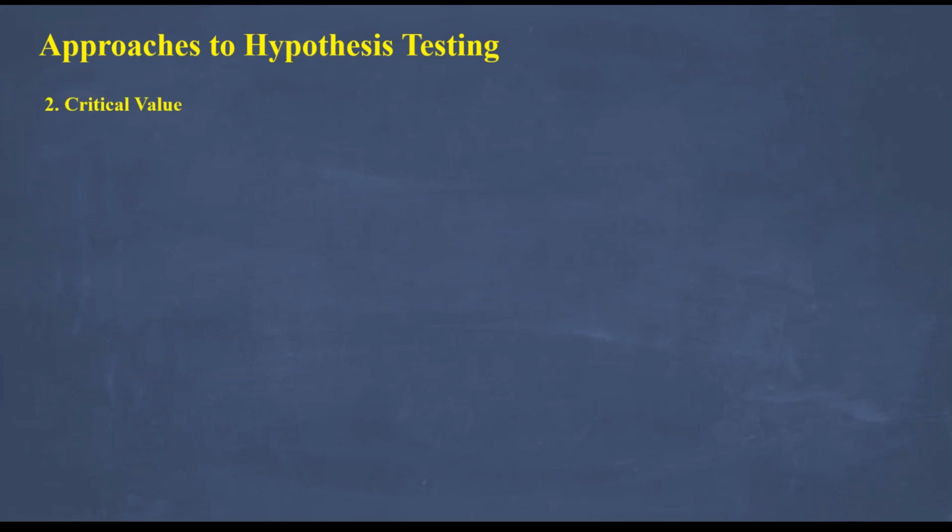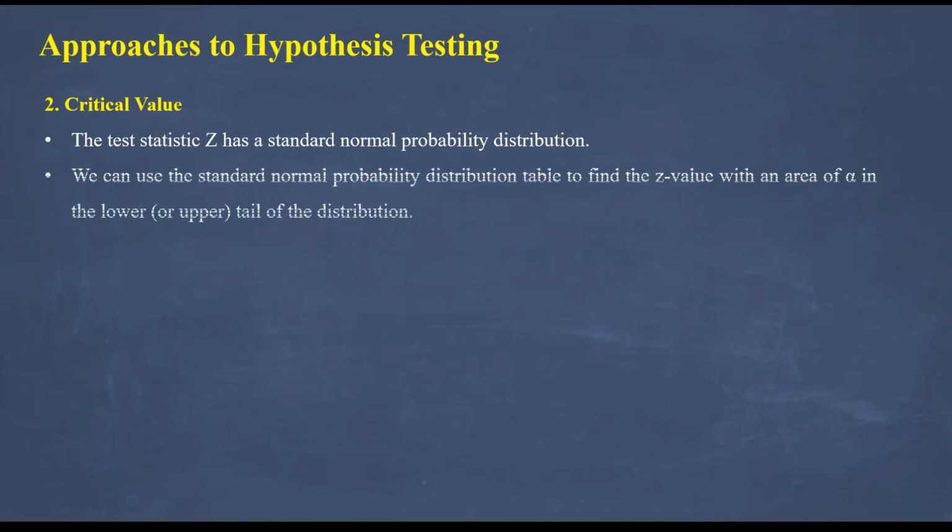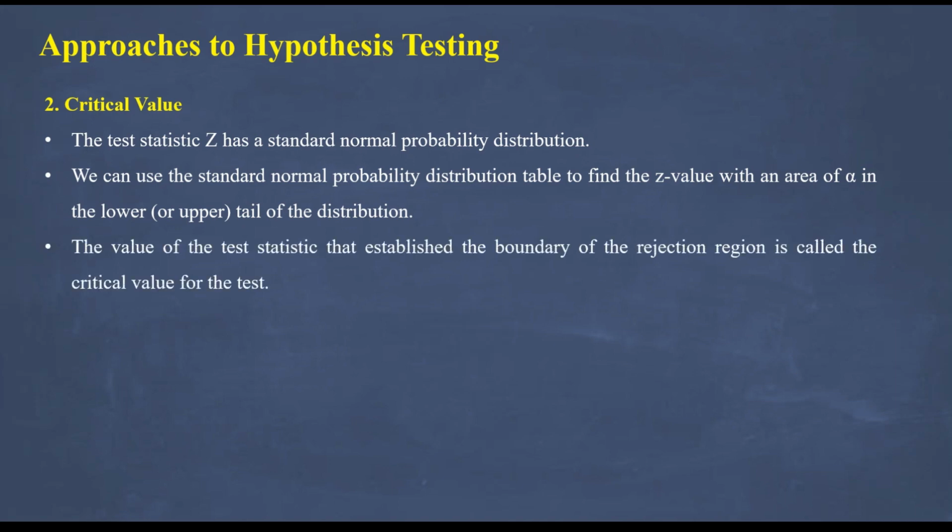The second approach is the critical value approach. The test statistic Z has a normal probability distribution. We can use the standard normal probability distribution table to find the Z value with an area alpha, that is the level of significance, in the lower or upper tail of the distribution. The value of the test statistic that establishes the boundary of the rejection region is called the critical value for that test.